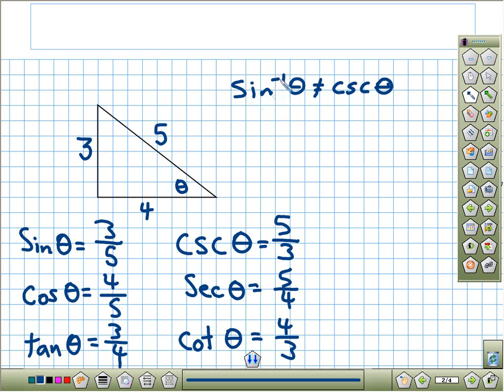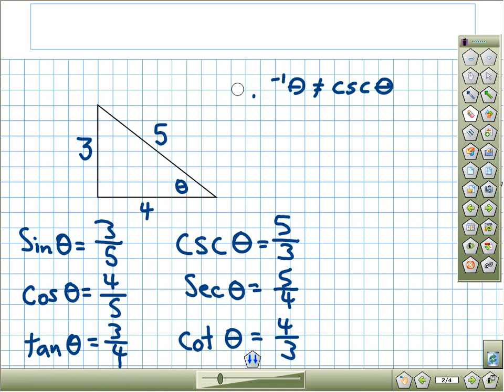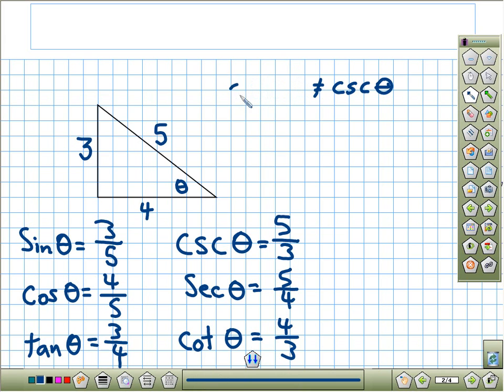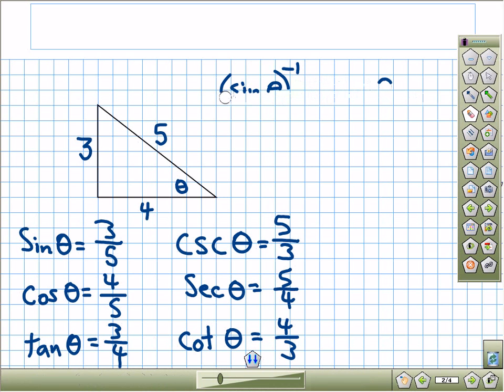This means inverse of sine, and later on we're going to study what that means. Now this is true: if you were to say sine theta to the -1 like that, then that is true. Okay. Any other questions?